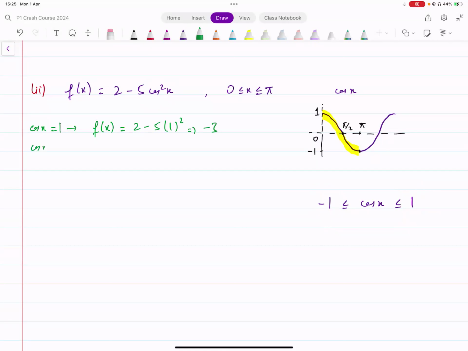If I input cos x equals minus 1, now since cos has a square on it, 2 minus 5 into minus 1 whole square, that's also giving minus 3. Minus 1 and 1, both of them are going to give me the same value. The reason for that is we have cos square. If we input 1 in that, it's still 1. If we input minus 1, that's still 1.